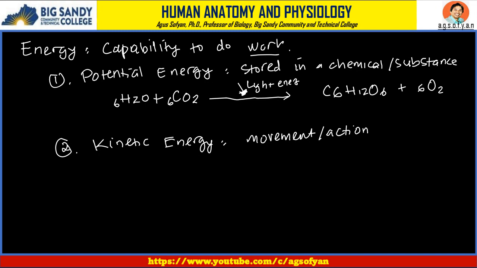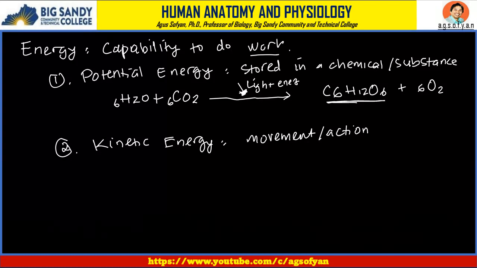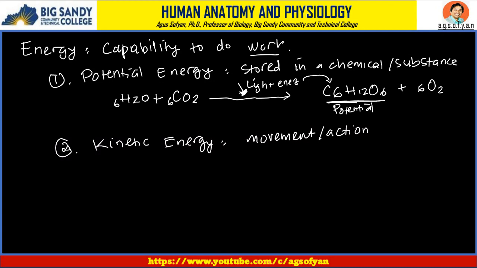The sugar here actually carries energy that is saved from the light energy. So this is potential energy. When we eat this sugar, when we eat food, we get this potential energy, which later will be used for making ATP that can be used for movement or action. Okay, that's the potential energy.